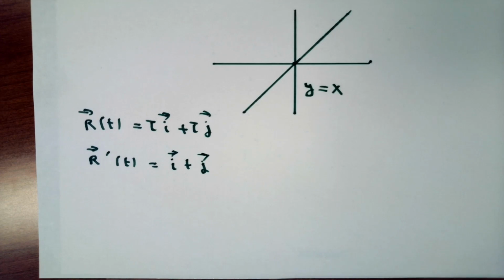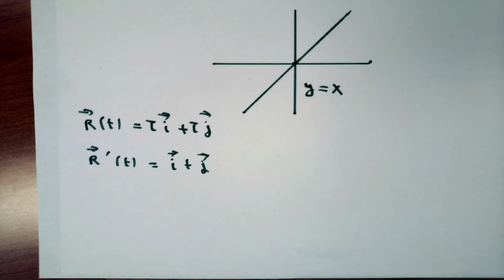For example, think of r equals t times i plus t times j. If you eliminate the parameter, that does give you y equal x. The derivative is the constant vector i plus j, which is good on two counts. Firstly, the derivative makes sense no matter what the t value is, and even better, this derivative is never the zero vector.